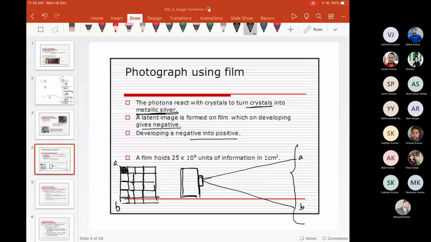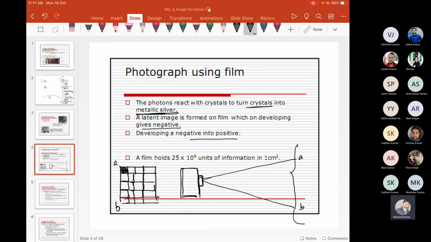But this is an analog photograph, so we can't record it digitally as we do nowadays. So the negatives are generated, and further through chemical processing, the photographs are generated.